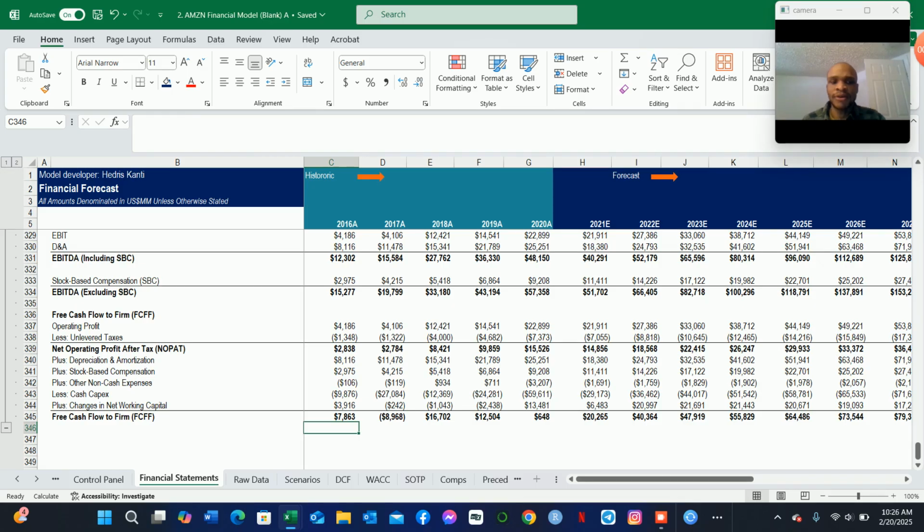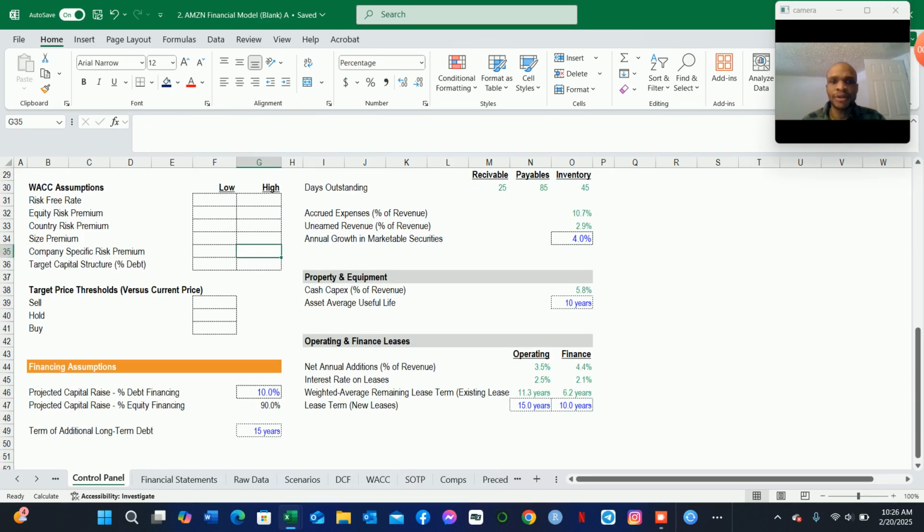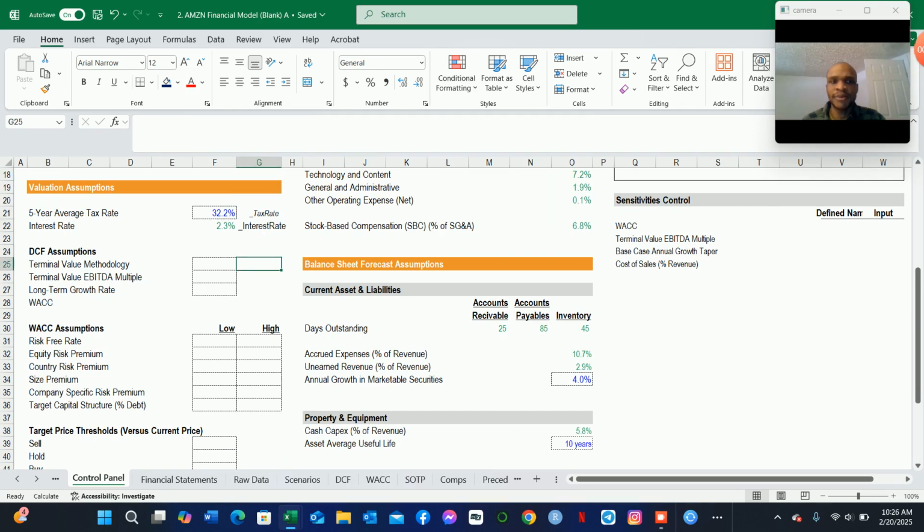So the weighted average cost of capital is a very, very important metric in determining our discounted cash flow analysis. Reason being that the cash flows from the beginning of the forecast to the end of the forecast will be heavily discounted to the transaction closing date.